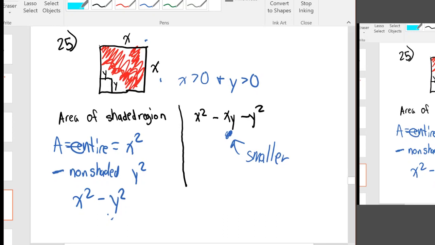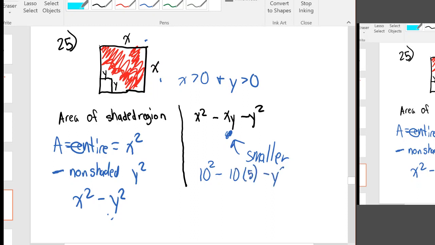I can plug in any positive number to make my case here, right? I know x is bigger than y, right? So let's take simple numbers: x is 10 and let's make y 5.